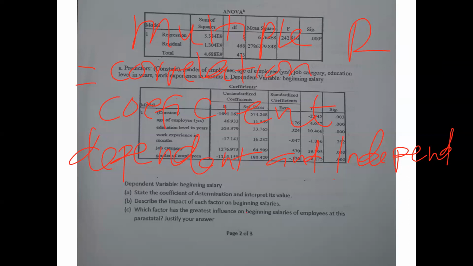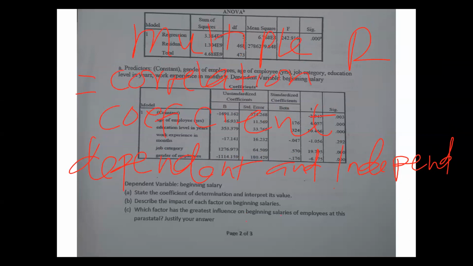Now listen, the closer this Multiple R is to 1, the stronger the relationship is. The coefficient always goes from 0 up to 1, or from 0% up to 100%, so the value always falls in between.